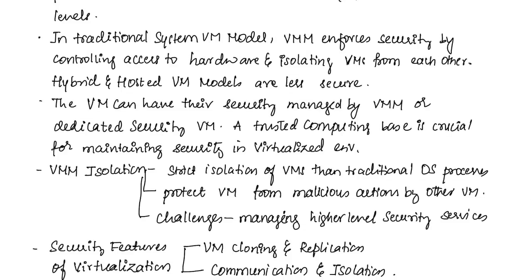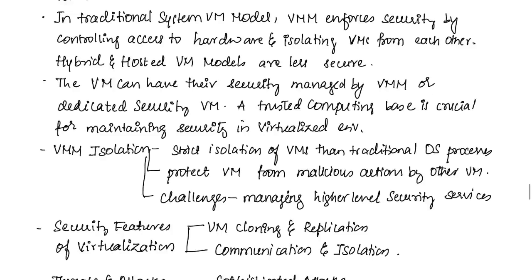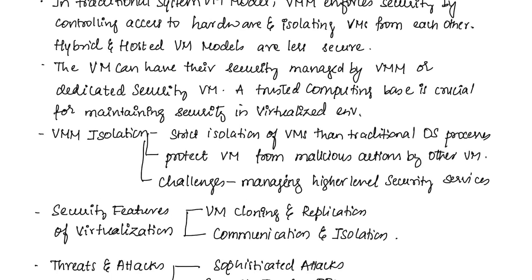Next, virtual machines can have their security managed by the virtual machine model or a dedicated security VM. A trusted computing base, that is TCB, is very important for maintaining security in virtualized environments. So the VMM and VMs, the virtual machine monitor and virtual machines, can be used to maintain security with the help of the TCB, trusted computing base.